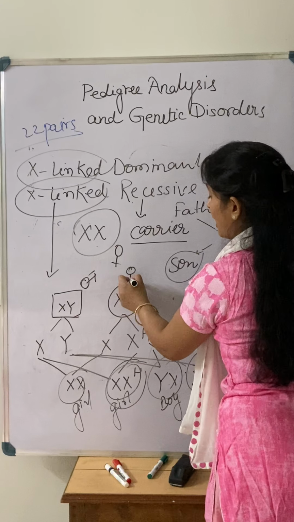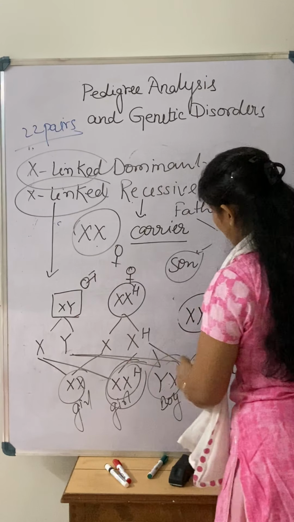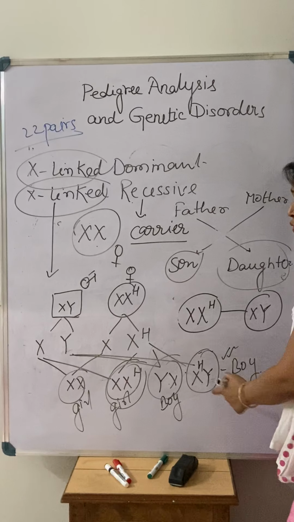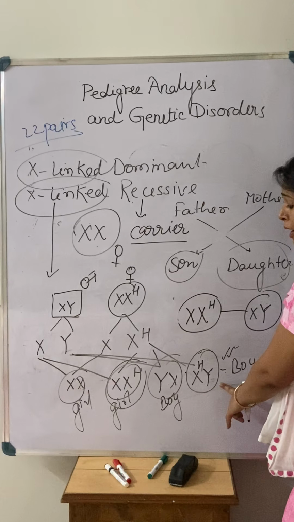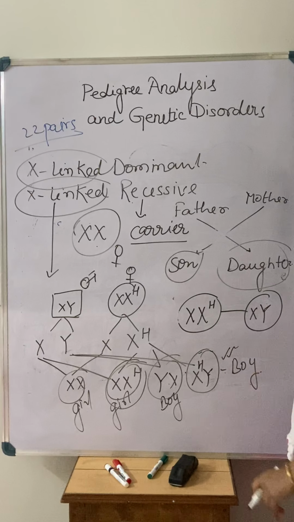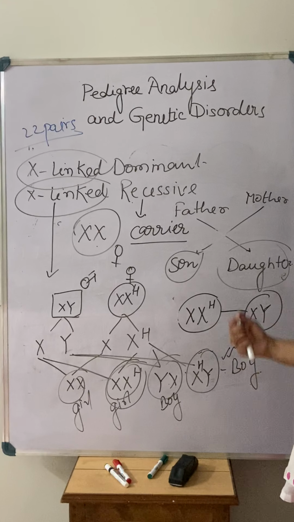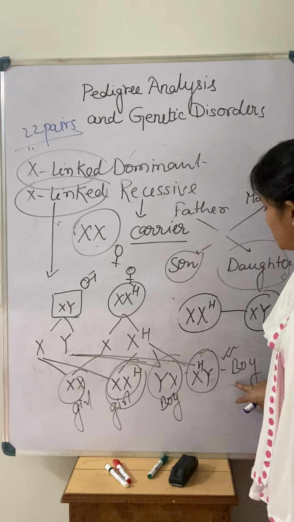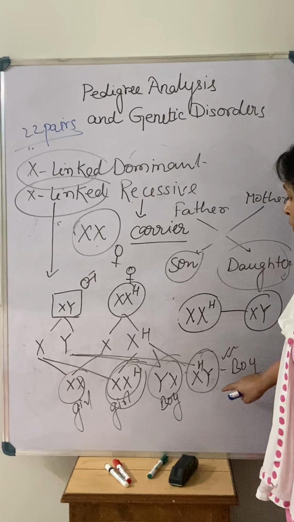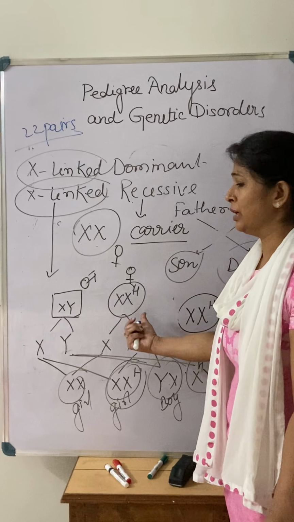Mother is the carrier of the disease. So from where is this boy infected? From the mother there is a passing of disease to the boy. So this is the way this disease is passing, and by seeing this pedigree we can say, okay, if this is the situation of the infected boy, it means mother may be like this, father may be like this.